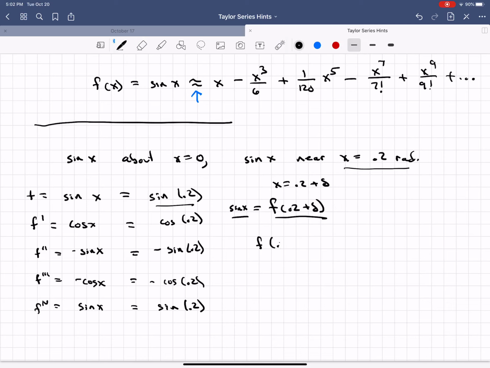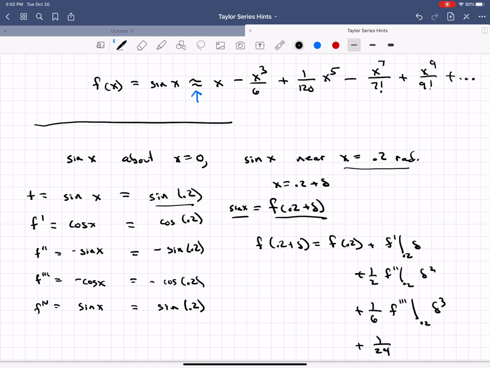So f at 0.2 plus delta would be f at 0.2 plus f prime at 0.2 times delta plus a half the second derivative at 0.2 times delta squared plus 1 over 6, which is 3 factorial, f3 at 0.2 times delta cubed plus 1 over 24, which is 4 factorial, the fourth derivative at 0.2 times delta to the fourth power, and then that would continue.